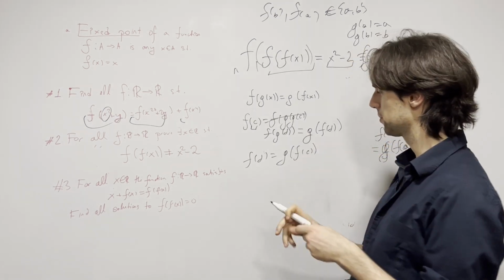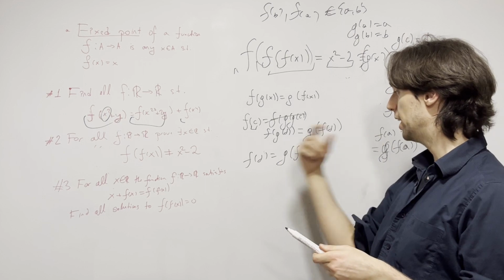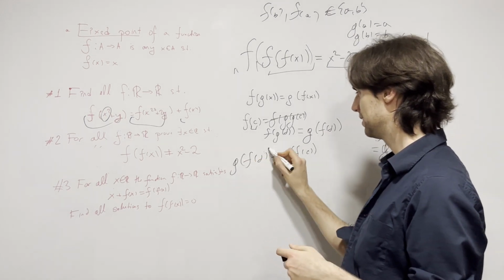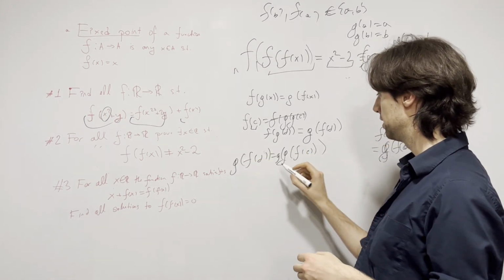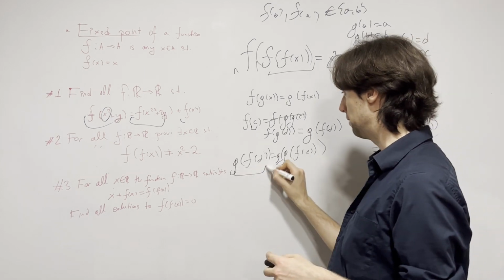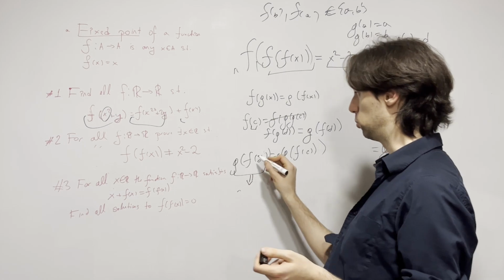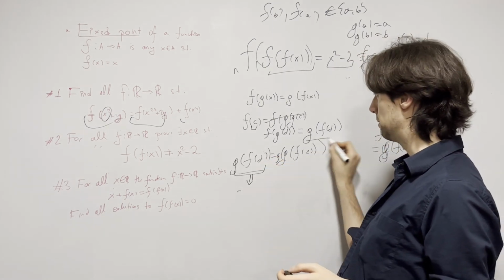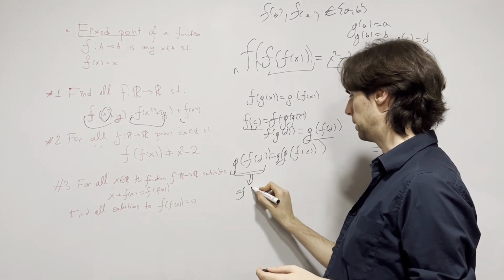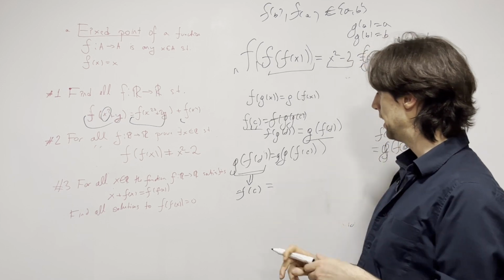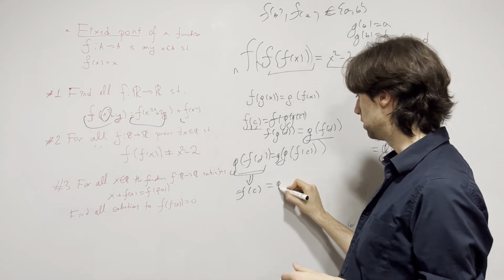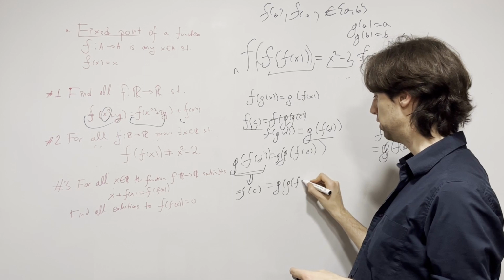of c. Now, what happens when I apply g on both sides? I'll get g of f of d. Well, this thing right here is going to be equal to what? Well, g of f of d is going to equal f of c. And on the other hand, this is equal to g of f of c.